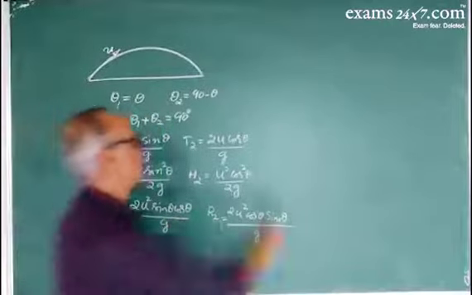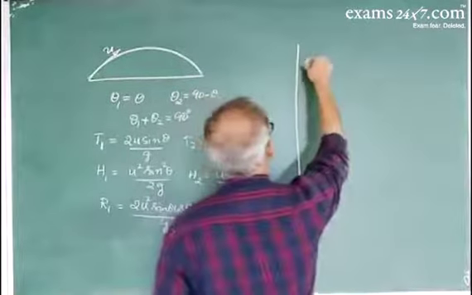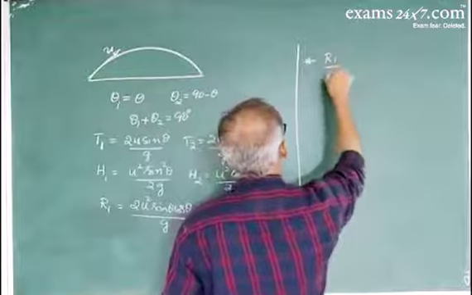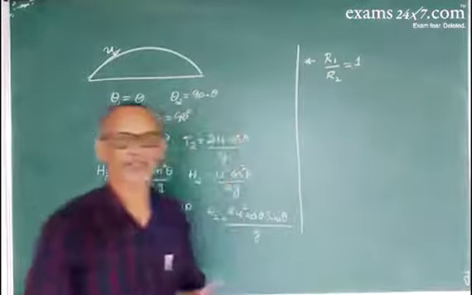So the first conclusion is that the ratio of the ranges for the two projectiles is 1, or the ranges are equal.